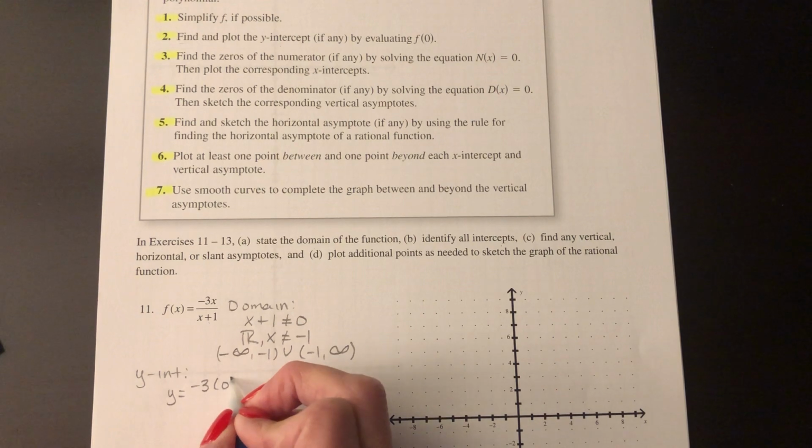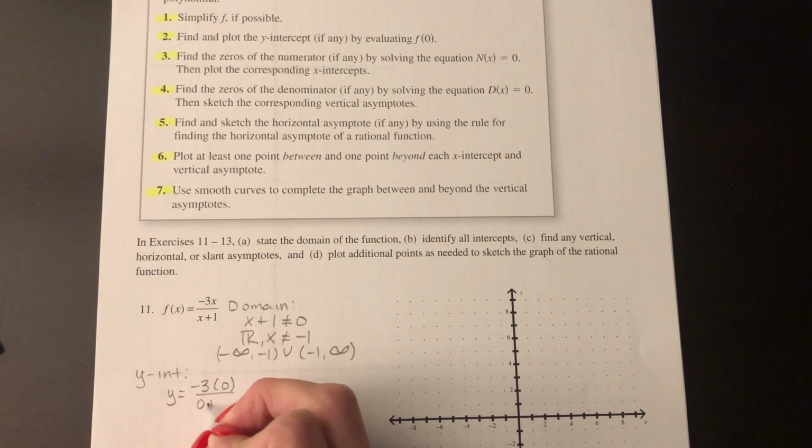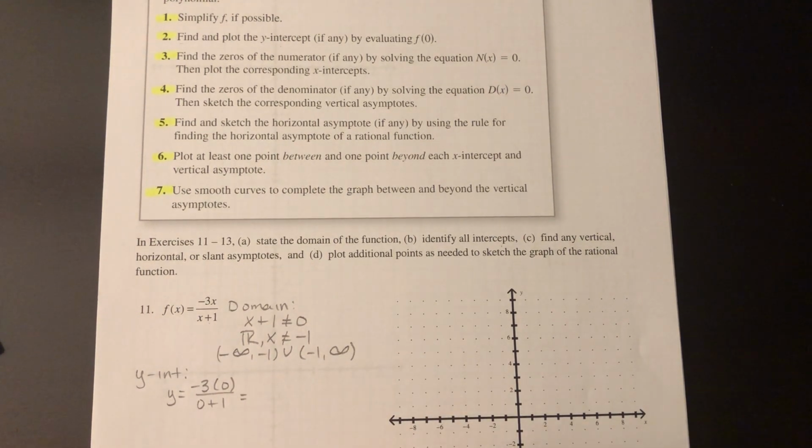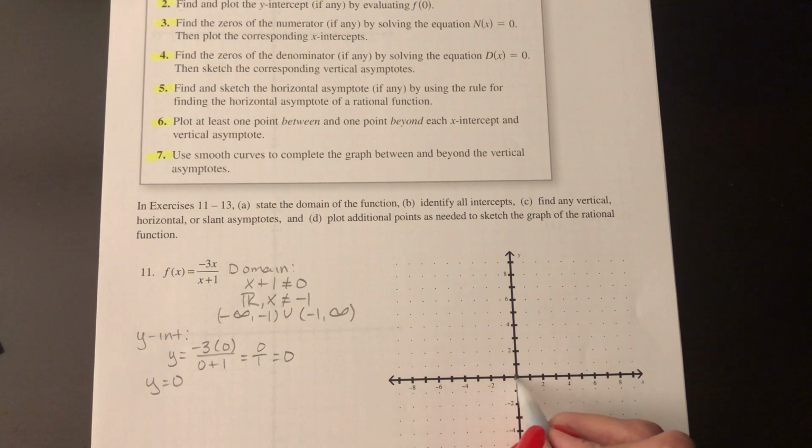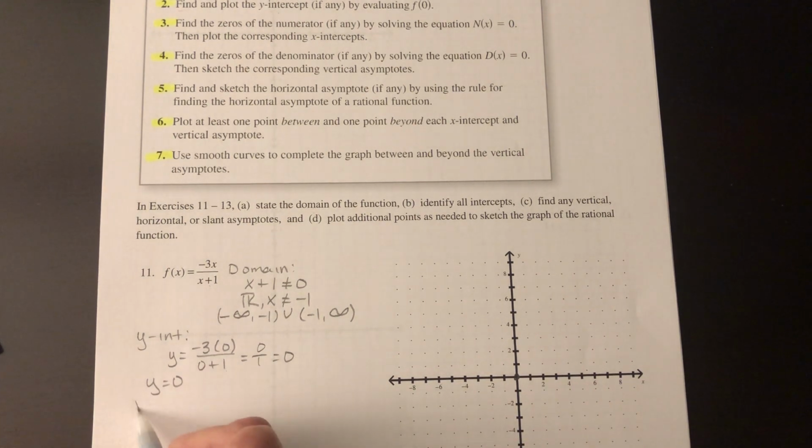So -3 times 0 over 0 plus 1. And that would just be 0 over 1, which is 0. So y equals 0 is our Y-intercept. So I'm going to go ahead and plot that. There it is, right here.